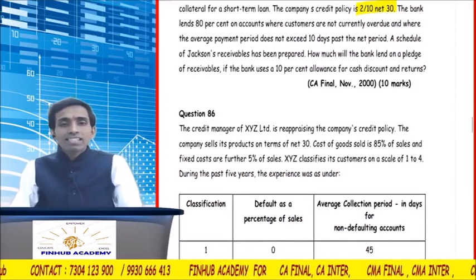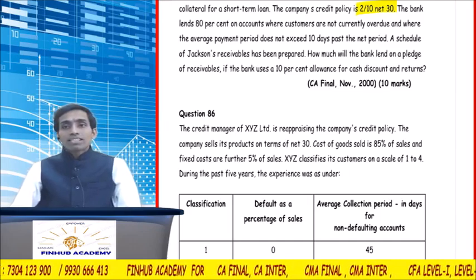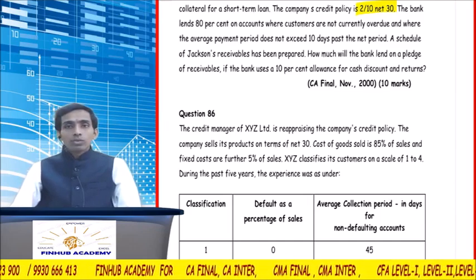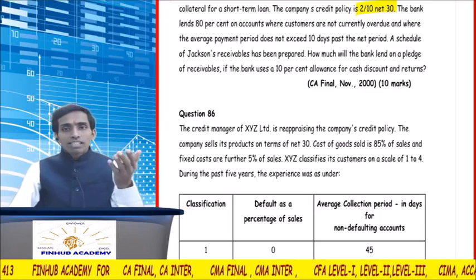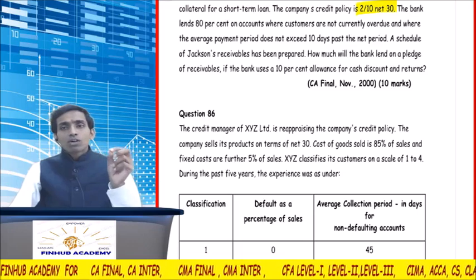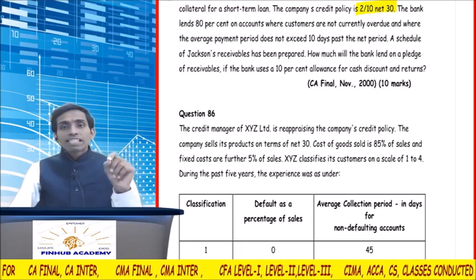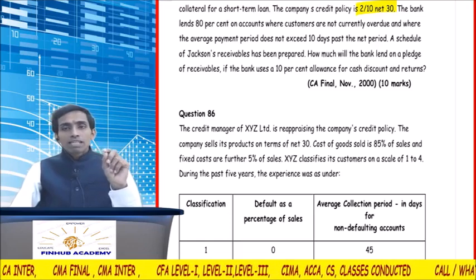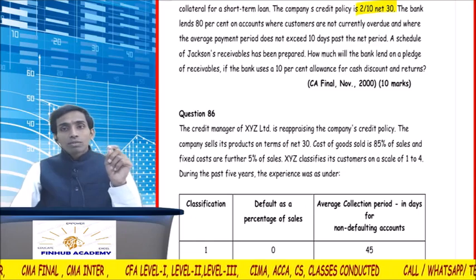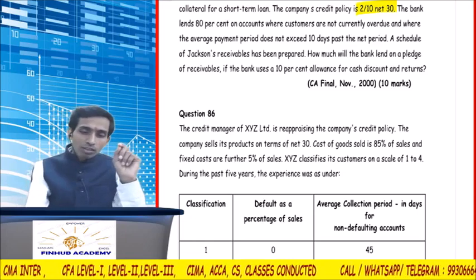The bank lends 80% on accounts where the customers are not currently overdue. Means the bank has kept a condition: wherever the customers are not overdue and where the average payment period does not exceed 10 days past the net period, there they will lend you 80% of that.